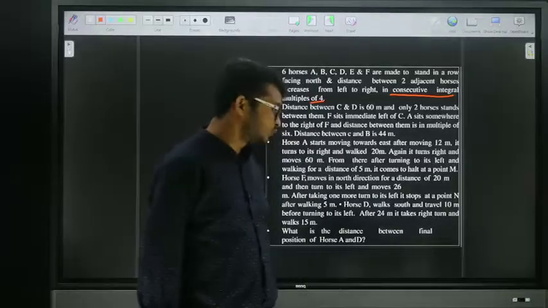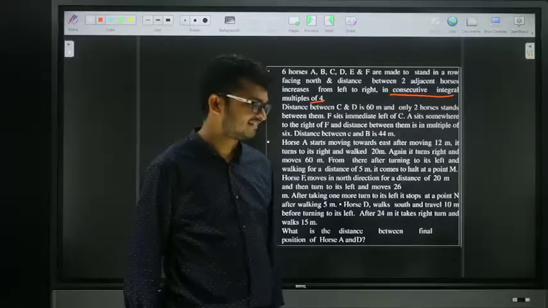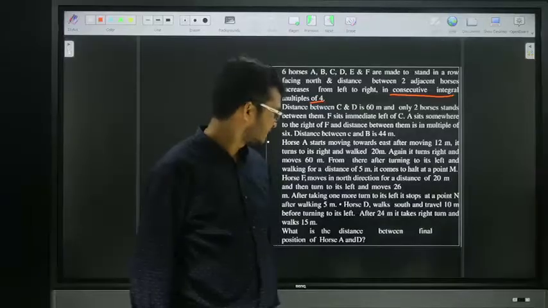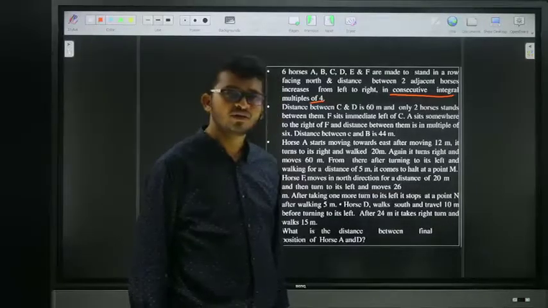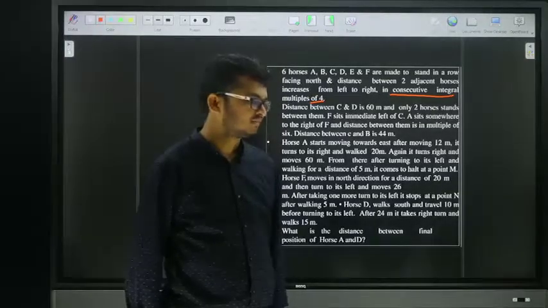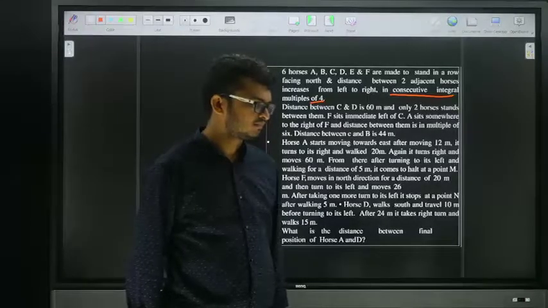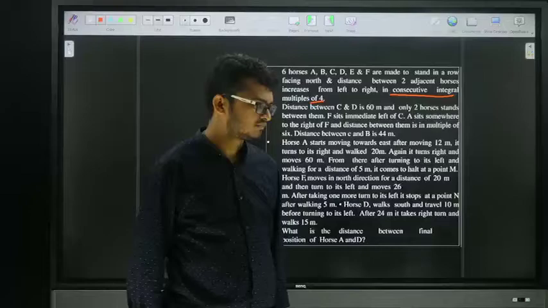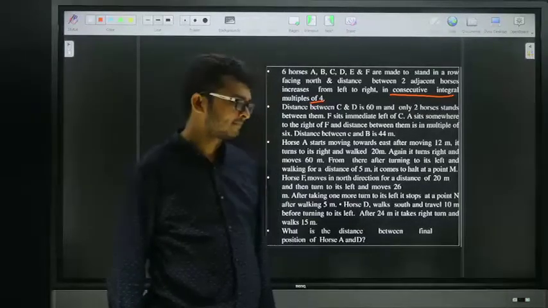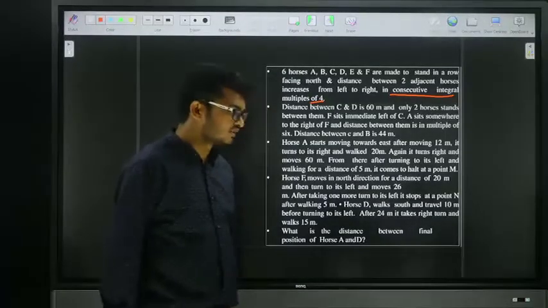Dineshwaran says 18 meters. Once again check. Friends, what about the remaining candidates? Dineshwaran, once again check your answer.